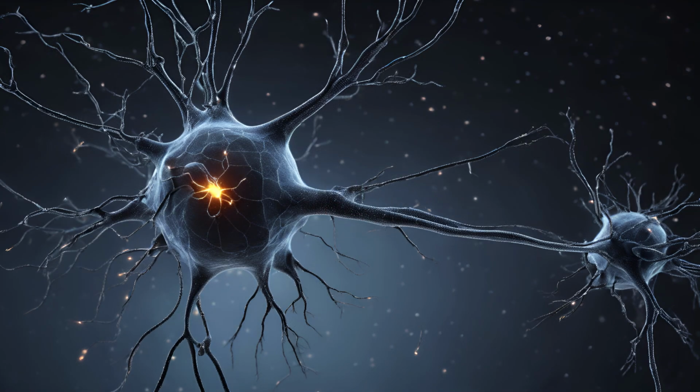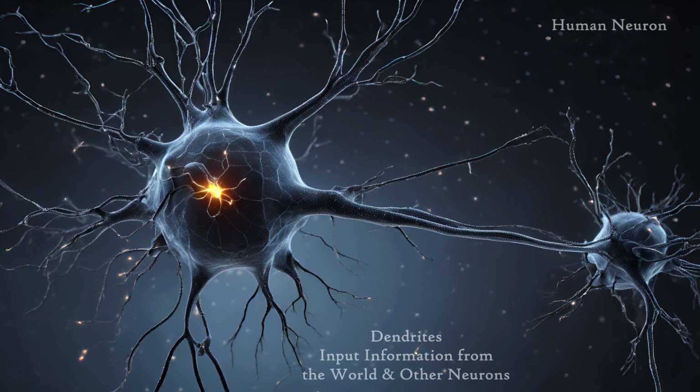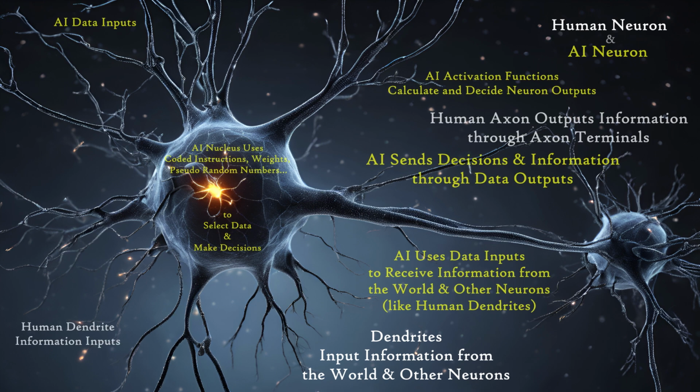AI brains receive information as data inputs into their neurons, just like human brains receive inputs from dendrites into their neurons. Neurons are the communication system throughout both the human and the artificial intelligent AI brain.